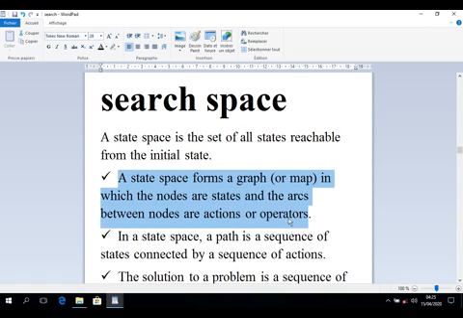That is what is called the state space, or also called the search space, the space in which we should search for the solution. So that is the state space. Okay. Fine.